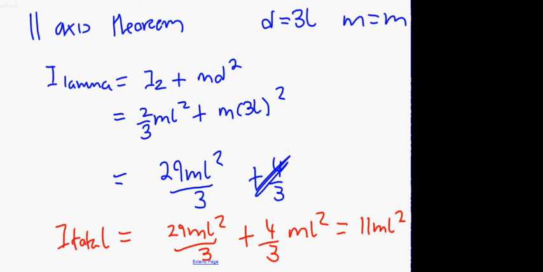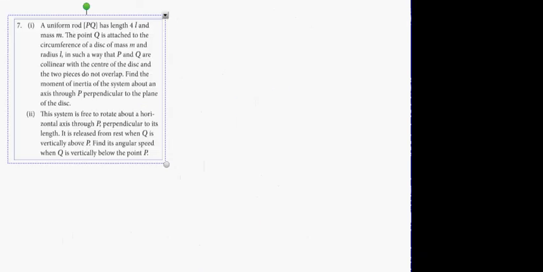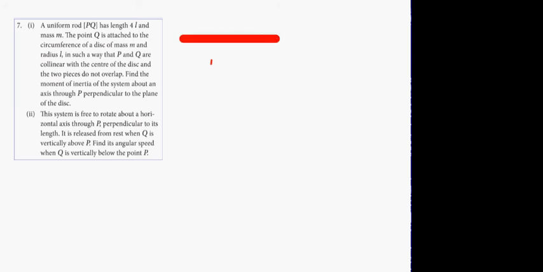Okay, next one. Number 7. Difficult one. Okay. A uniform rod has a length 4L and mass m. Rod, circle, that's a square, circle, rod and circle.